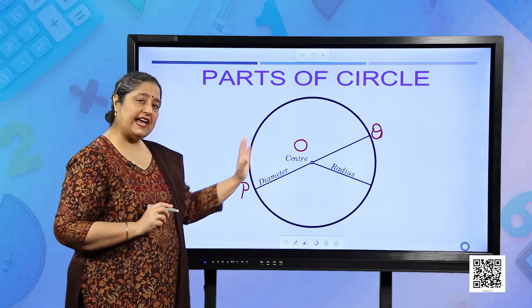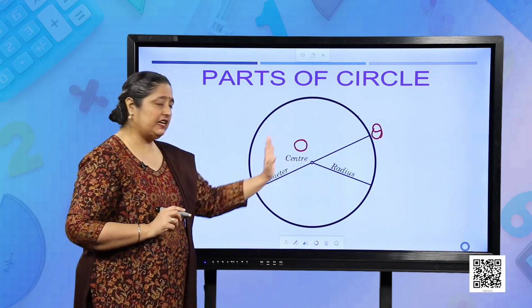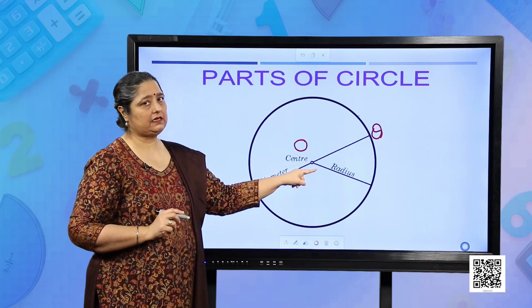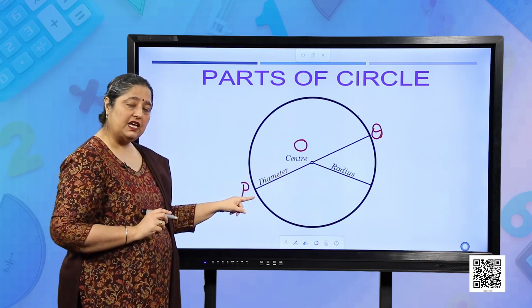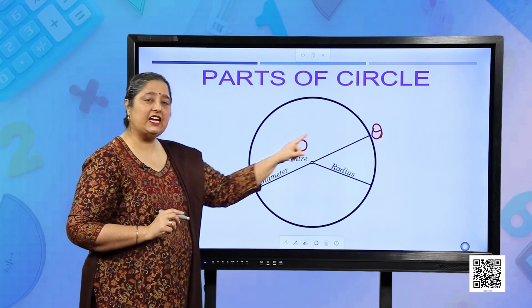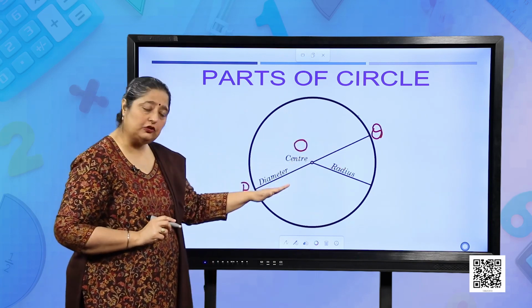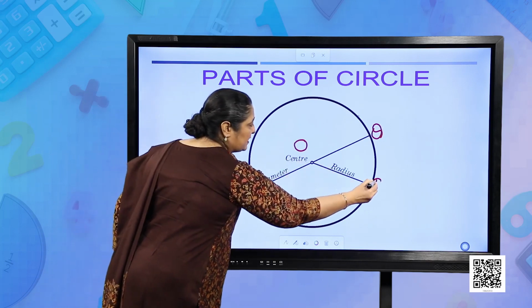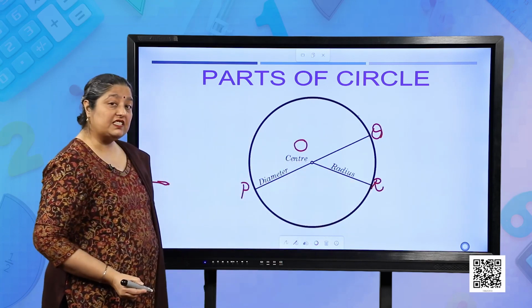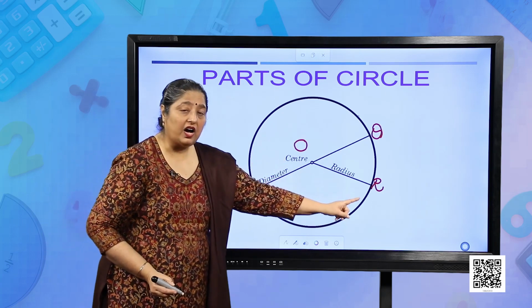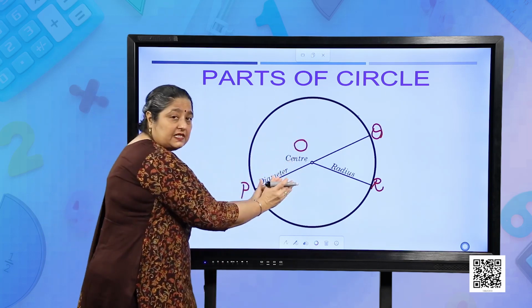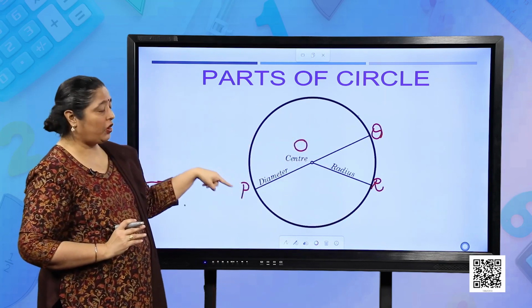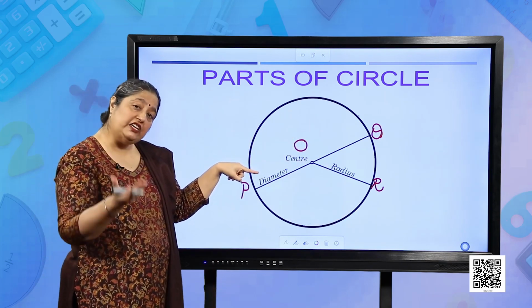The 2 end points are P and Q, and it is passing through one fixed point, that is the center O. So, diameter is a line segment joining the end points of the circle and passing through the center of the circle, and this is the radius. Let me mark this as R. So, what is the radius? Radius is OR, the fixed distance from the center to the circle. These are the 3 points we have studied in our initial classes.